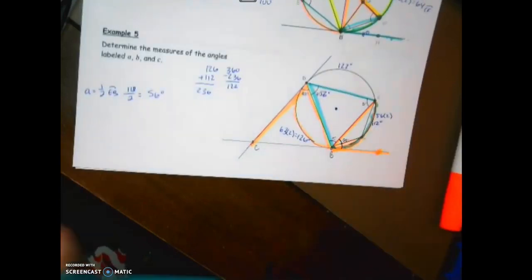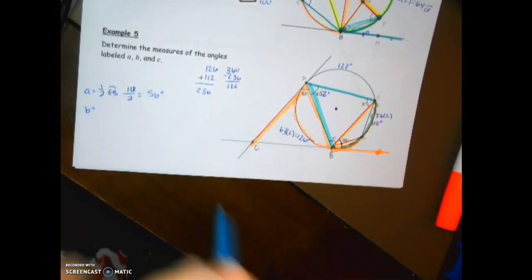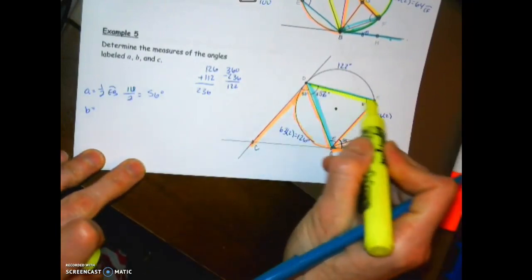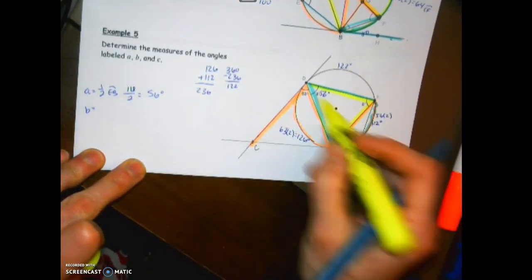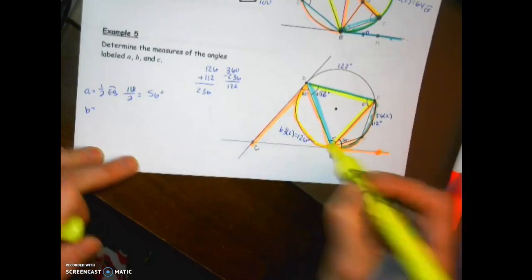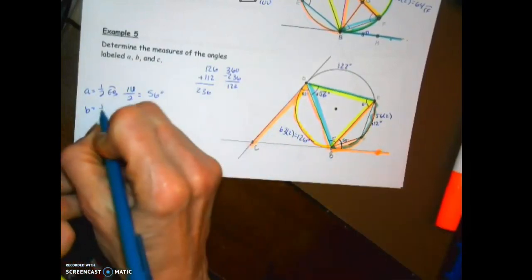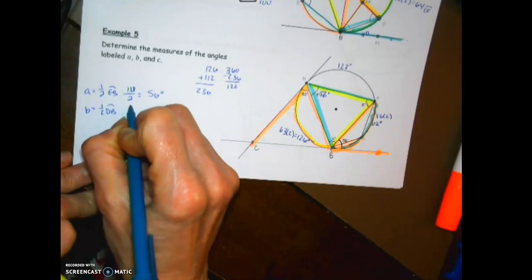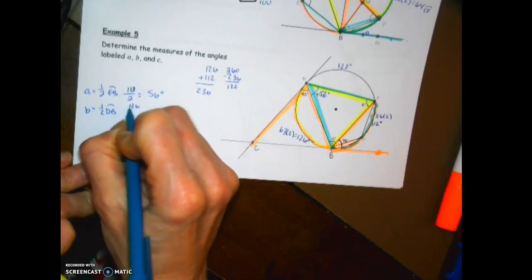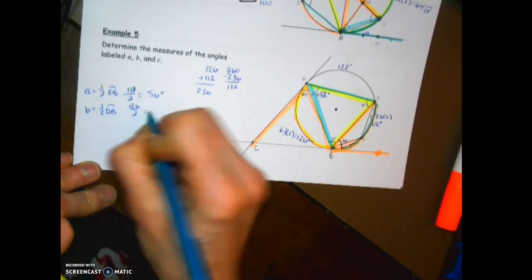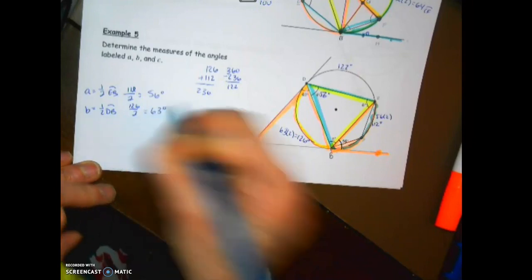Then it says to find angle B, or lowercase b, and that angle is also an inscribed angle formed by two chords, and that's going to be half of arc DB. And we said arc DB was 126 degrees. So 126 divided by 2 is 63 degrees.